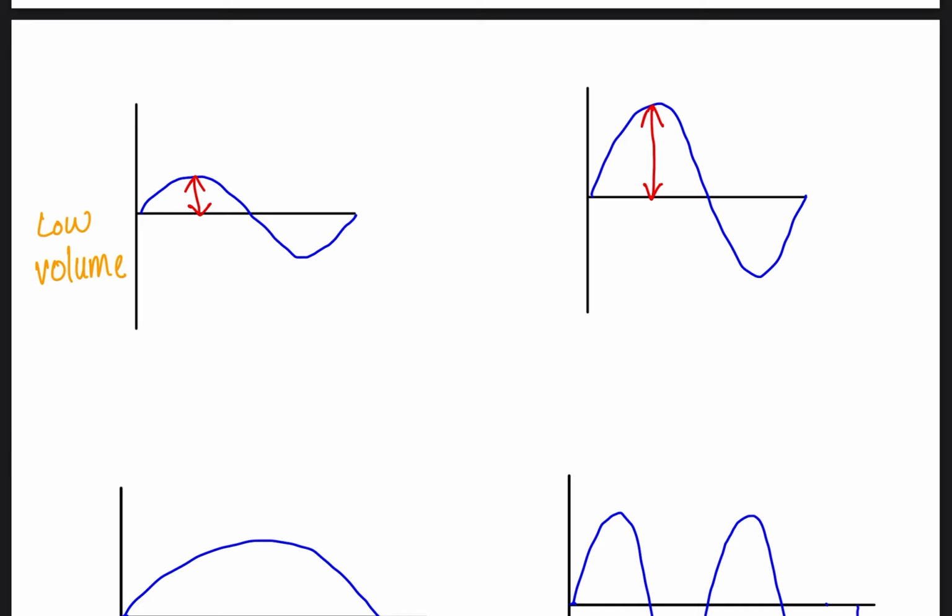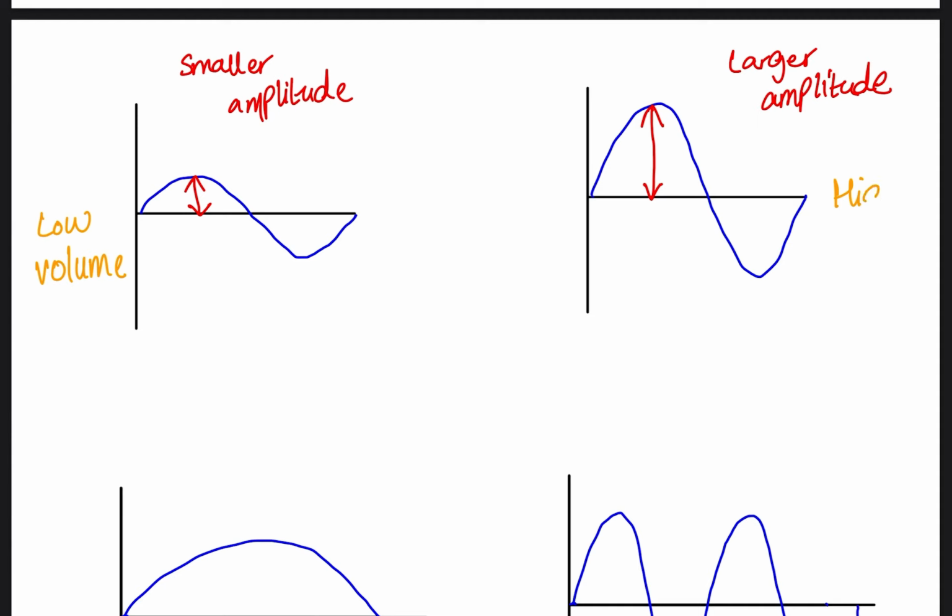Here it's smaller amplitude and here it's larger amplitude. I hope this is clear. Larger amplitude means high volume. This red arrow shows the indication of the amplitude.